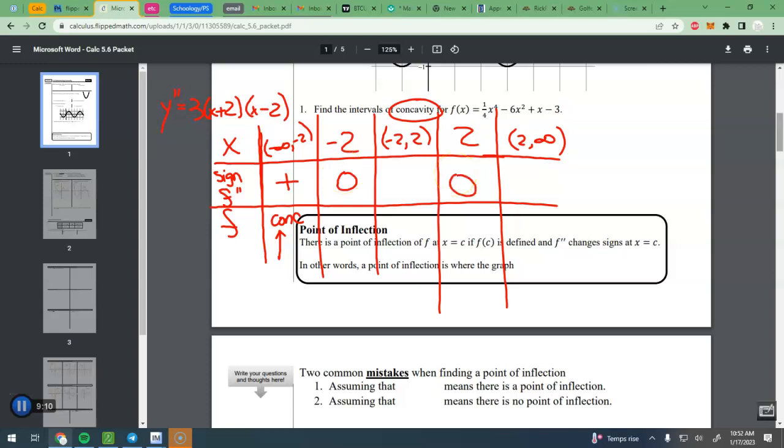So it might be a point of inflection, it might not. It's a potential point of inflection. Between negative 2 and 2, let's say I plug in actual 0, positive, positive, negative, so that's a negative sign. So now we are concave down. And then 2 to infinity, let's say I plug in like 20, everything's positive then. So this is positive, and then this will be concave up.